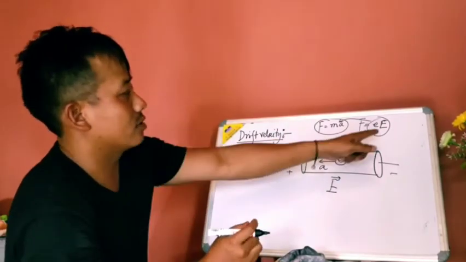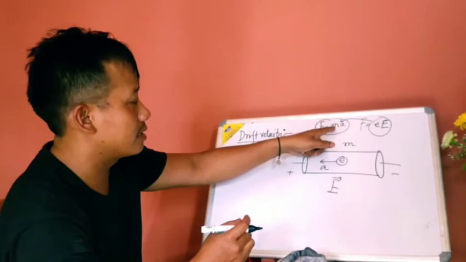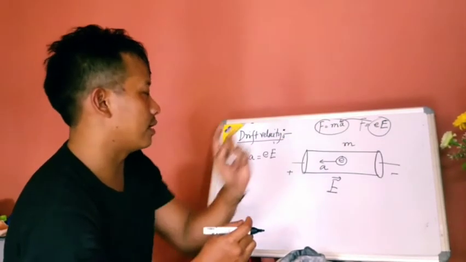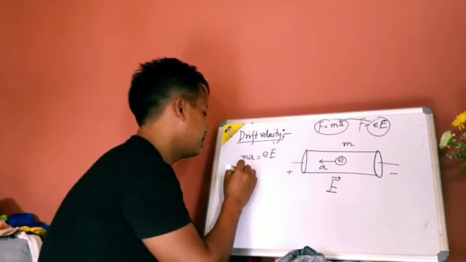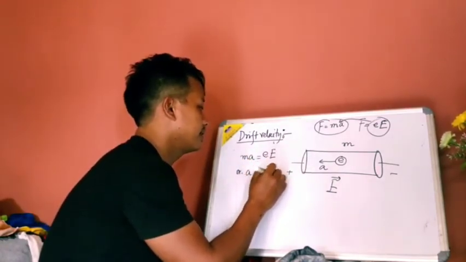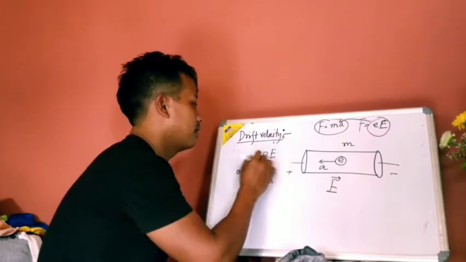I believe the electrostatic force will be provided by this mass times acceleration. So the acceleration a equals the electrostatic force divided by m.